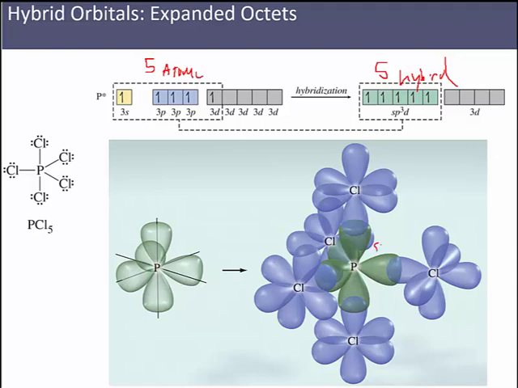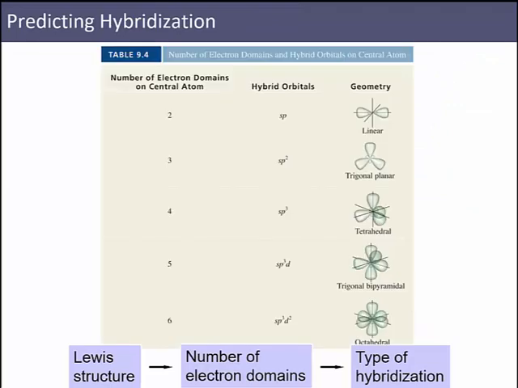Each of these sp3d orbitals is able to overlap with a p orbital from chlorine, and this overlap here, that's our sigma bond. So kind of as a review for some of these things, if the number of electron domains on your central atom is 2, you're going to be sp hybridized.